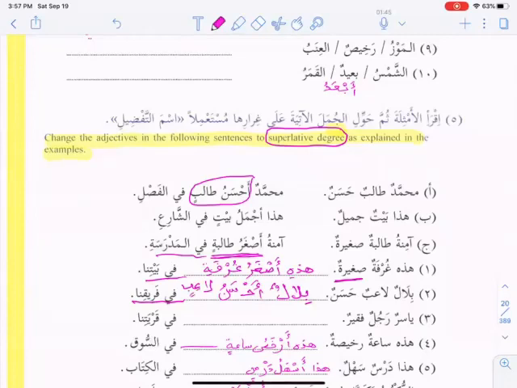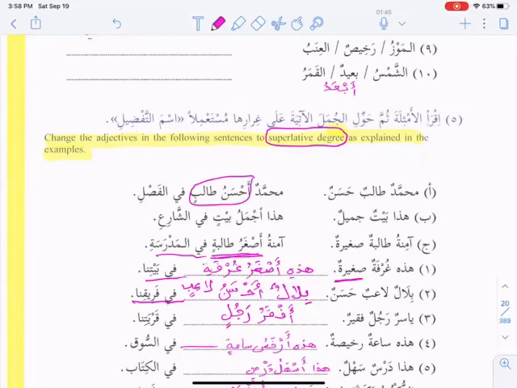Yasirun rajulun fakirun fi karyatina. So we will say, Yasirun afkaru. Yasirun, I'll write down here, afkaru. Here, fakirun means poor. Yasirun afkaru rajulin. Yasir is the poorest person in our village.